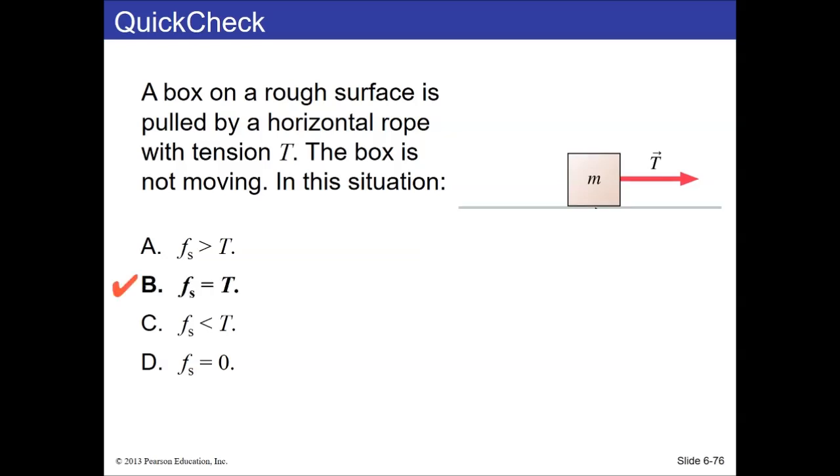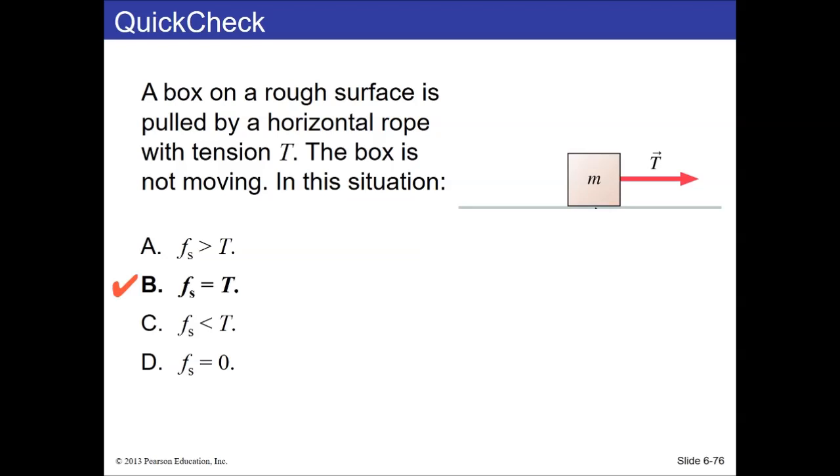So static friction is equal to the tension. Those are the forces in the x direction. Because they're equal, there is no net force in the x direction. Therefore, there's no acceleration, and if the object wasn't moving to begin with, it won't continue to move. What's important about this question is this: static friction has a magnitude that is equal to whatever it needs to be.